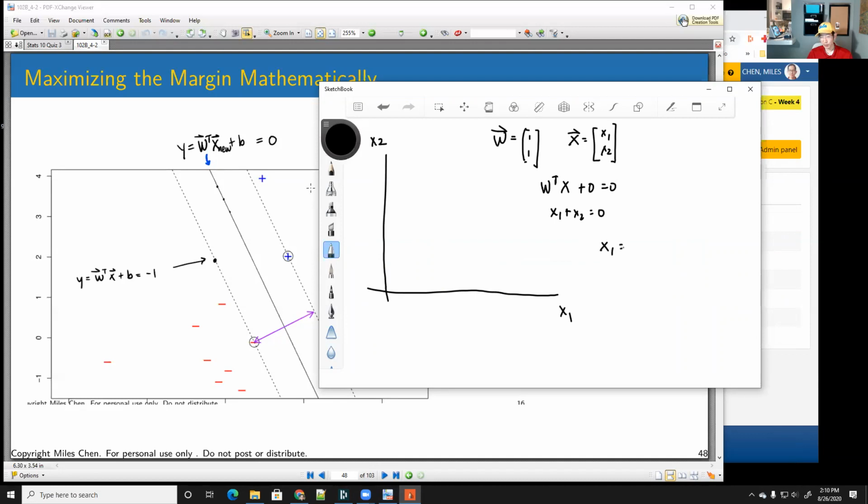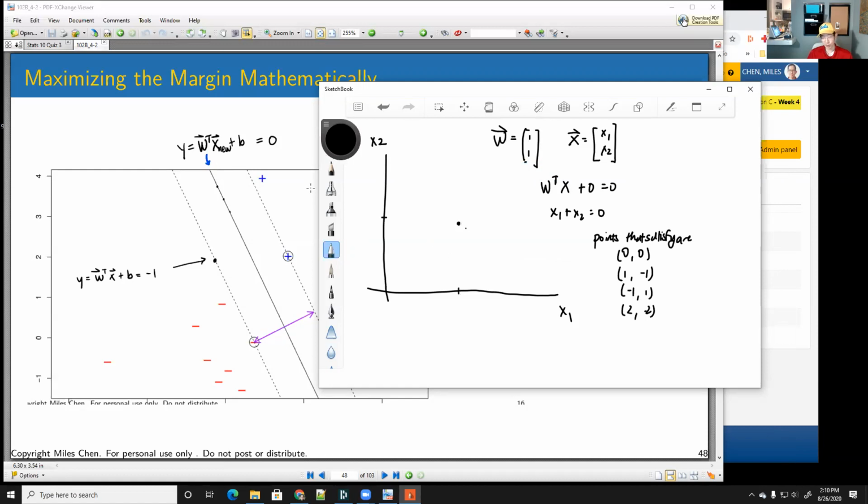The points that satisfy this are 0, 0, then 1, -1, then -1, 1, then 2, -2, and so on and so forth.